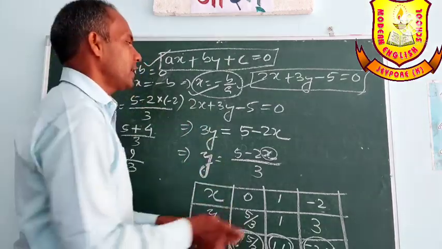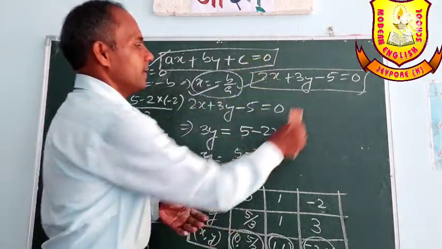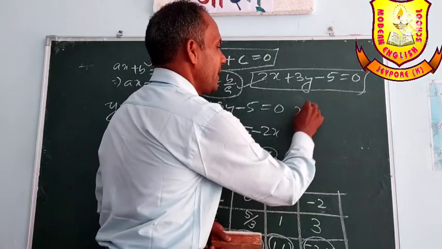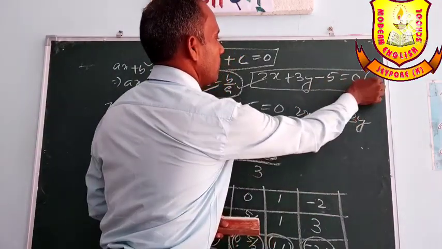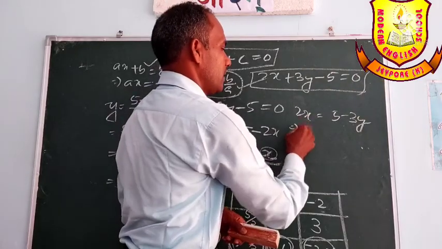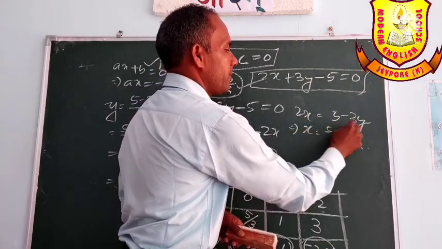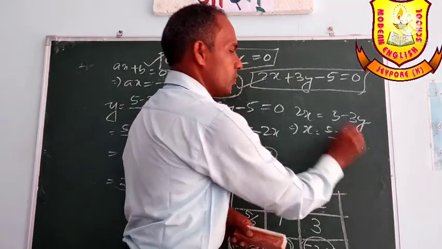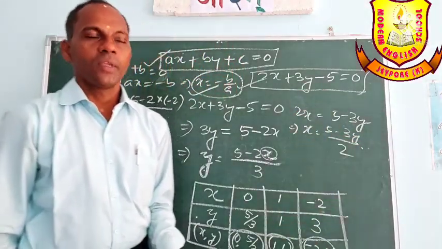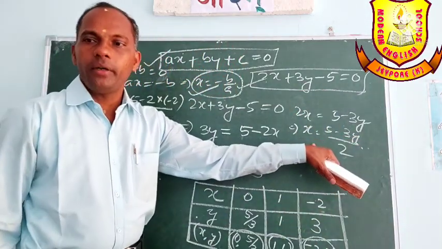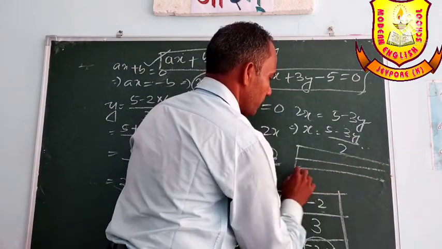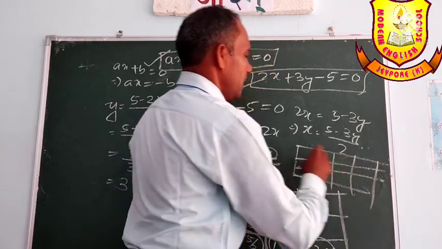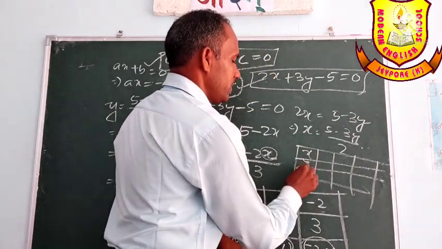Sometimes some people take x like this here: 2x equal to 5 minus 3y. 5 went to that side, 3y also went to that side, which implies x equal to 5 minus 3y by 2. Here they are taking that. So what will be the difficulty here? Whenever you find the solution table, this is x, this is y, this is x, y.